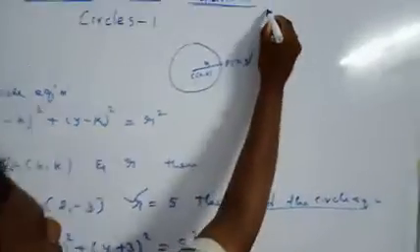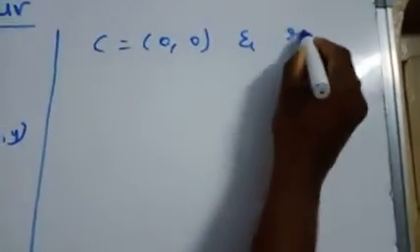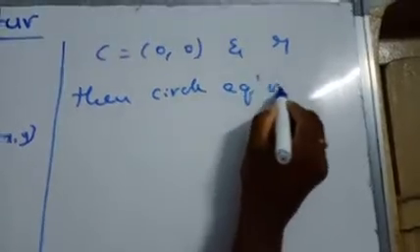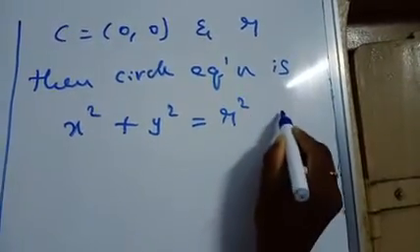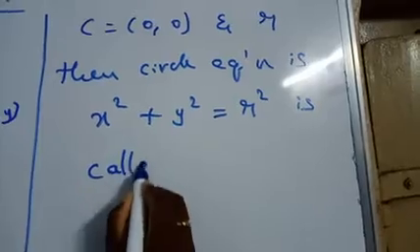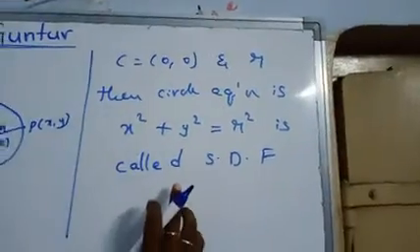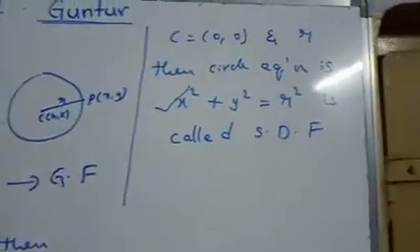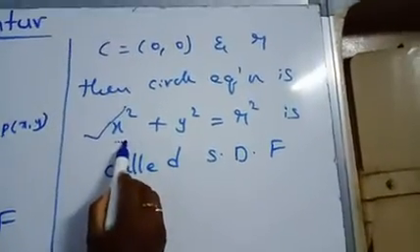For example, center 0 comma 0 and radius r, then the circle equation is x square plus y square is equal to r square, called the standard form of the circle. Very important. So this is called the general form of the circle and this is called the standard form of the circle. So in many problems we can use this standard form of the circle.